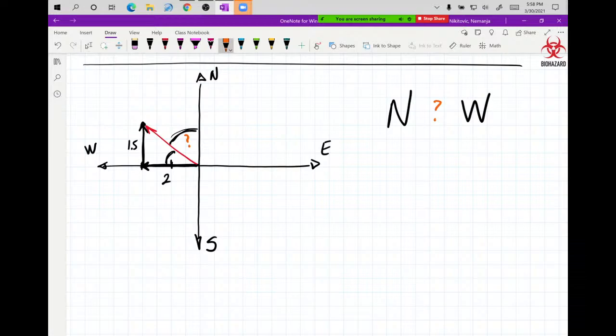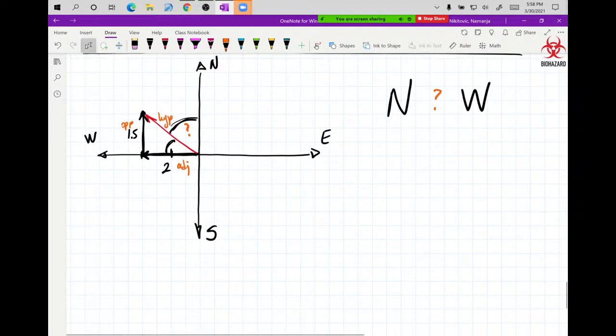Yay! So we have our opposite, we have our adjacent, we have our hypotenuse that we don't need now, and we can set up the tangent of this unknown theta, or whatever you want to call it. Theta is going to be opposite over adjacent.